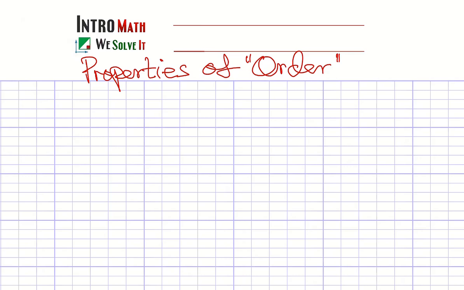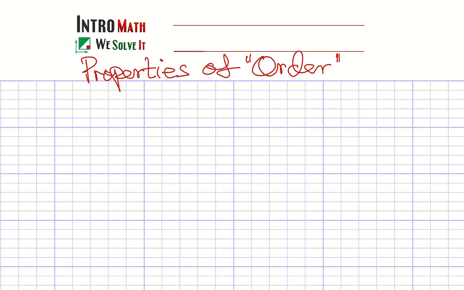So let's start. We're going to have properties of those operations. But before I do the properties of those operations, let me introduce two concepts: the concept of comparison, which you already know about, and the concept of what they call transitivity.